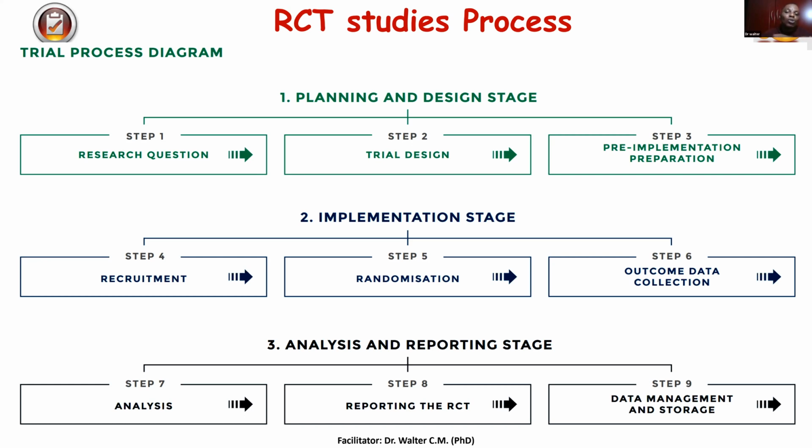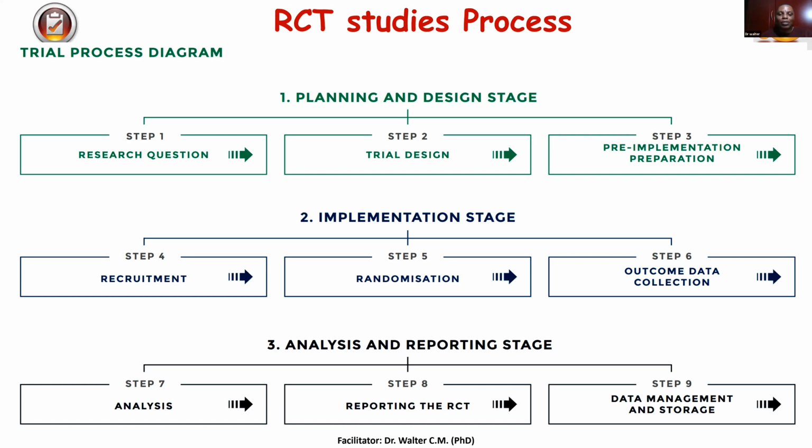And then you show in the planning phase what your main question was that led you to opt for a randomized controlled trial. Which trial design have you opted for based on your input factor and outcome of interest, but also study population? Pre-implementation planning, how is it? Where is it? It needs to be prescribed in the proposal, in the methodology section.